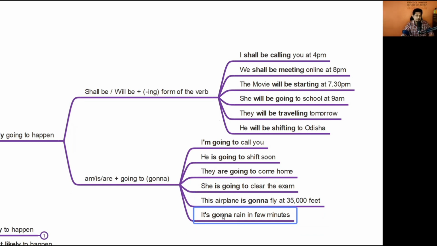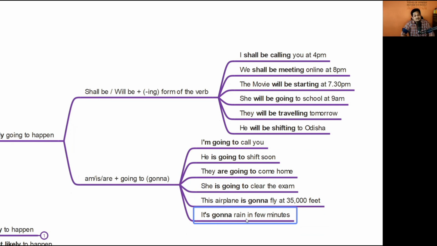Remember one thing, people. Okay, you can use it. Please use gonna, the short form of going to, while speaking. While speaking, you can use it because it's an informal American English. American English anyway is pretty casual and very informal. Okay, but it is also globally accepted.